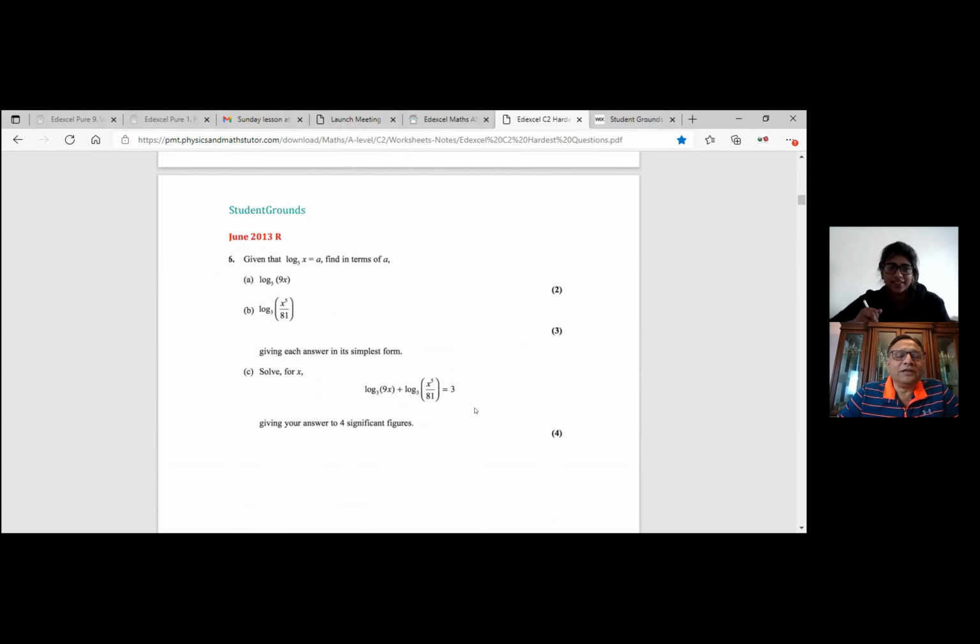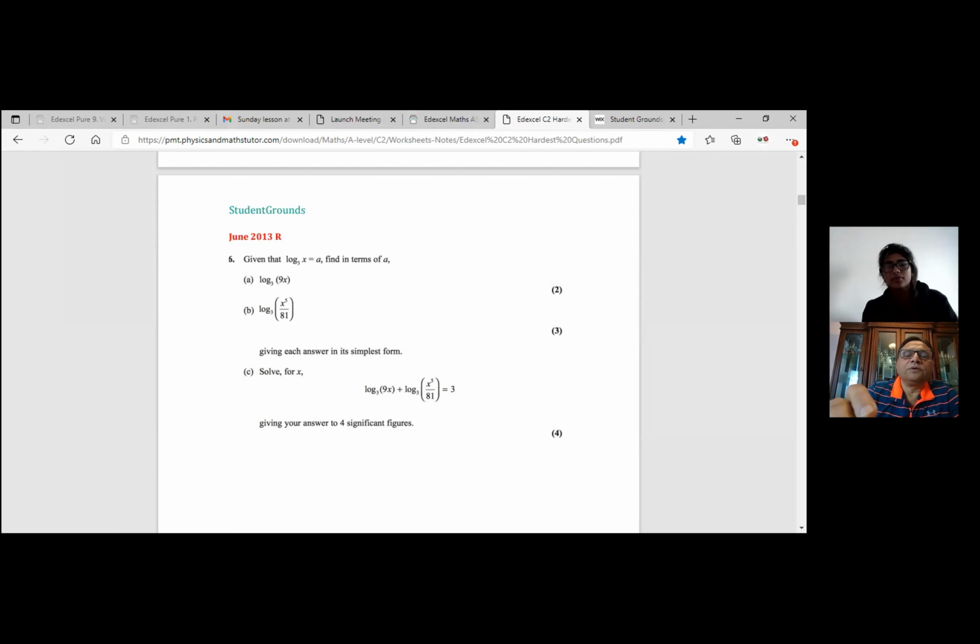Right. So here, can you please read the question? Okay, so given that log 3 x equals a, find in terms of a: log 3 of 9x, and part b, log 3 of x to the power of 5 over 81, giving each answer in its simplest form. Right.